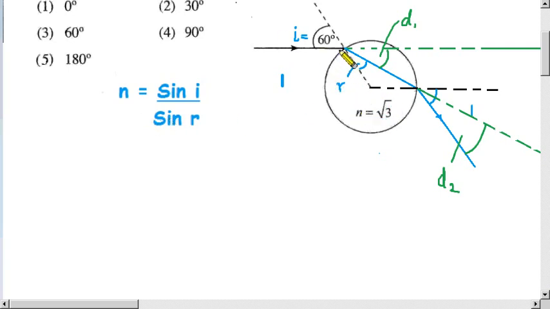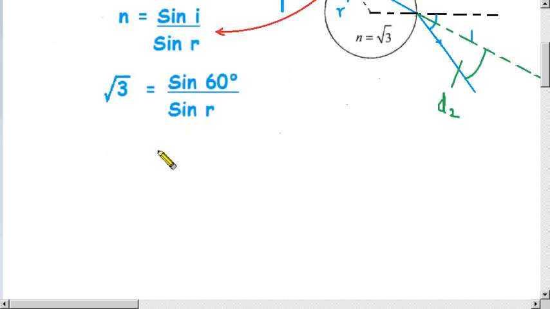We are writing this equation to this point. At this point the refraction occurs, so it is happening according to this equation. So we can write the refractive index n: root 3 equals sin I, this 60 degrees, divided by sin r, that we don't know.